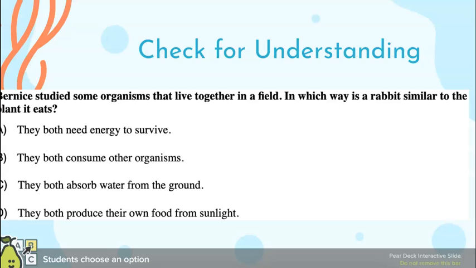Let's do another check for understanding question. So this question says that Bernice studied some organisms that live together in a field. In which way is a rabbit similar to the plant it eats? Is it A, they both need energy to survive, B, they both consume other organisms, C, they both absorb water from the ground, or D, they both produce their own food from sunlight?